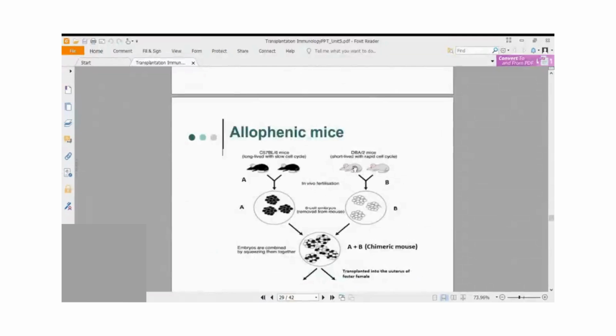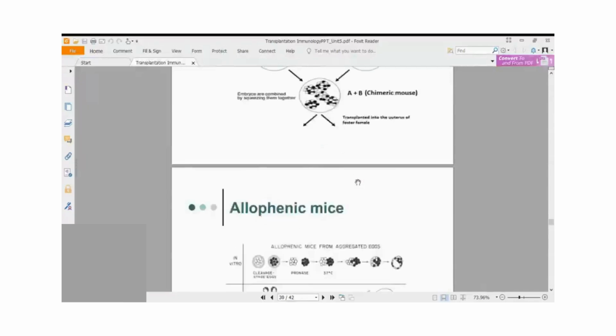These inbred mice were crossed, and the pups were born. To the pups of this B strain, some amount of lymphoid cells, meaning you take the blood from the A strain, were infused as the B strain neonates were born.